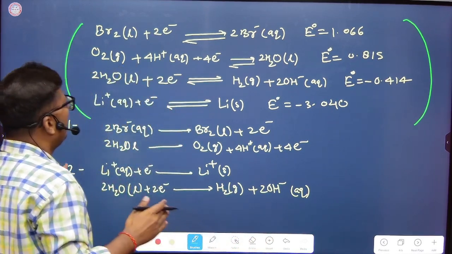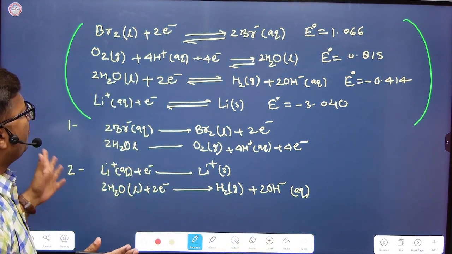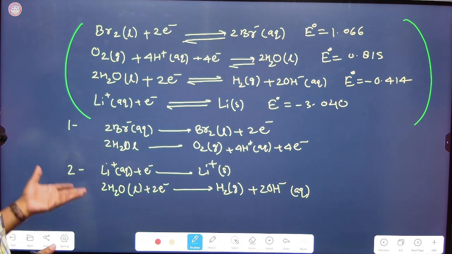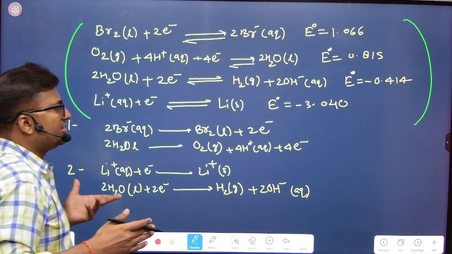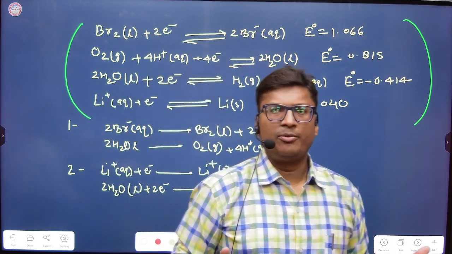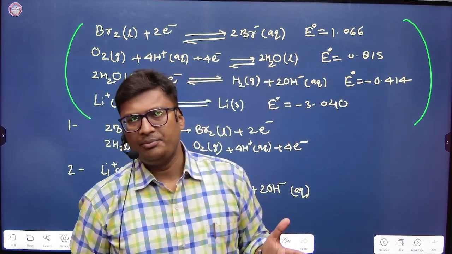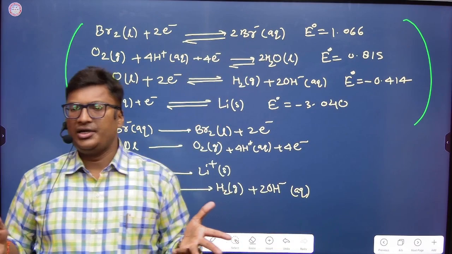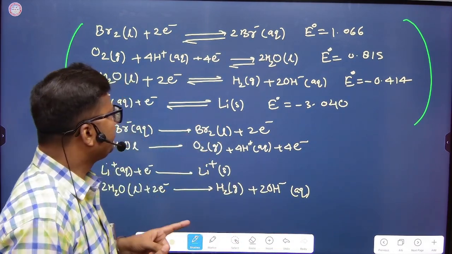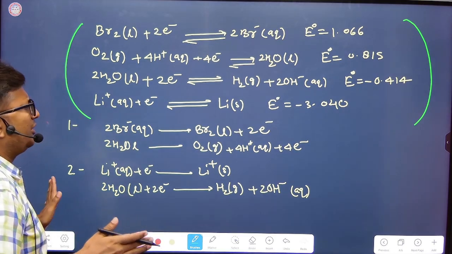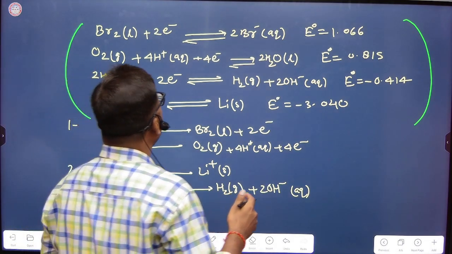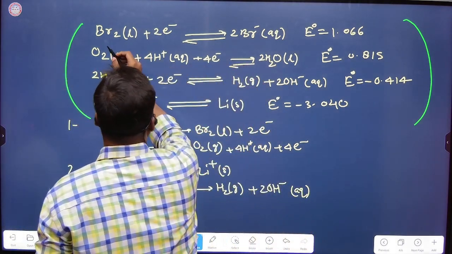So if there is the presence of lithium and bromine, that is lithium ion and bromide ion as LiBr salt, then this water can be electrolyzed. So this is the reaction here.